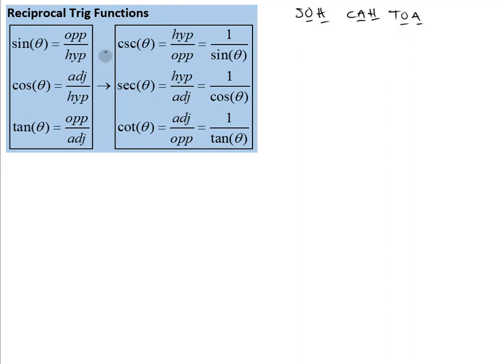Well, we have some functions that are the reciprocals. So instead of, like say here, sine being the opposite over the hypotenuse, remember, reciprocal means to flip your fraction upside down. If we wanted to do the hypotenuse over the opposite, the reciprocal, so this is 1 over sine, right?